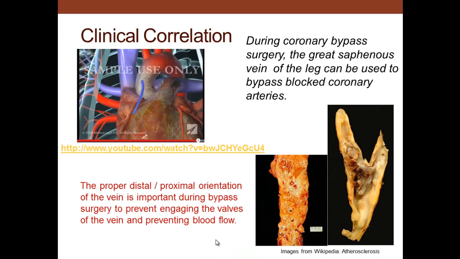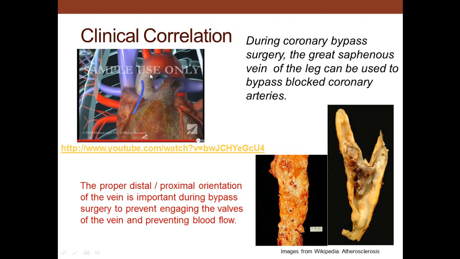For our clinical correlation, we'll talk about coronary bypass surgery. Different veins could be used, one that's in the leg can be used for bypass surgery. If you look at this video, it's a very good video on the bypass surgery. They take the vein, hook it to the aorta, and then just beyond the blockage of the artery of the heart.